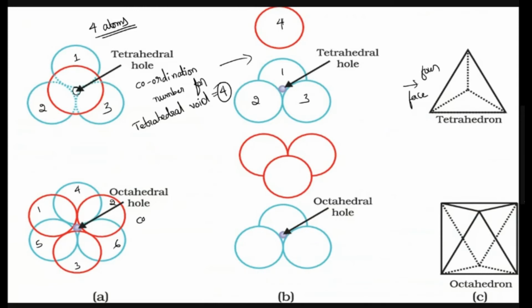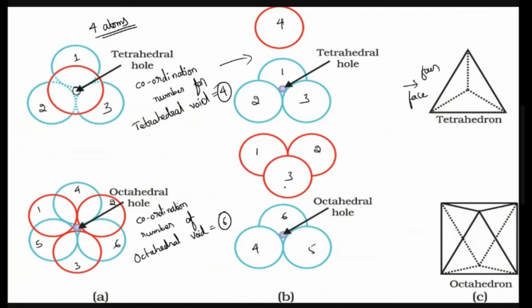So the coordination number of the octahedral void is 6. I'll mark once again 1, 2, 3, 4, 5, 6.